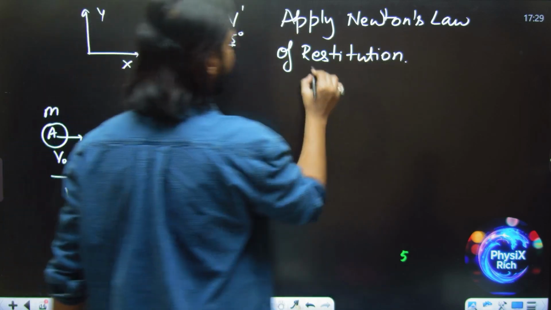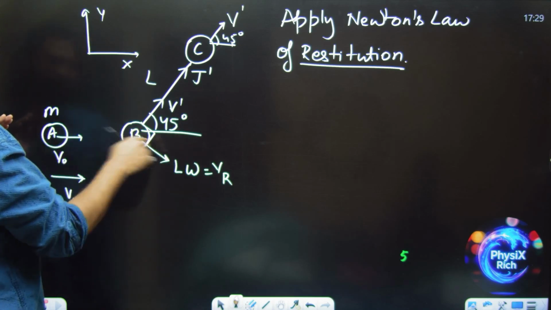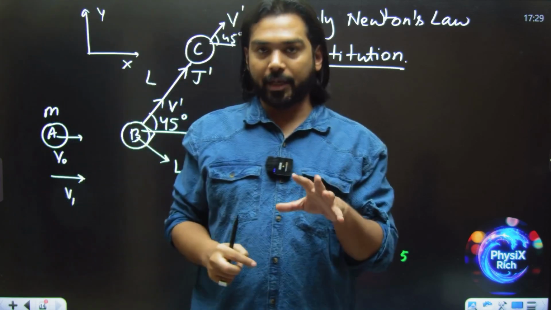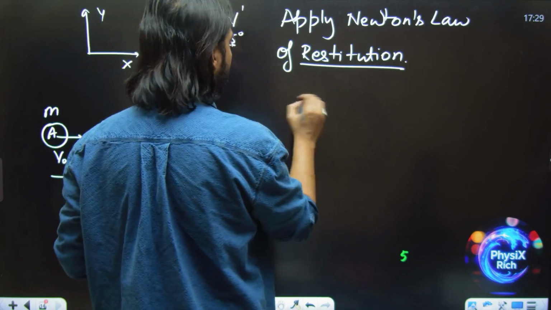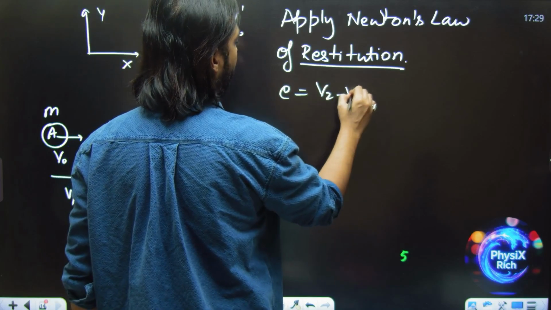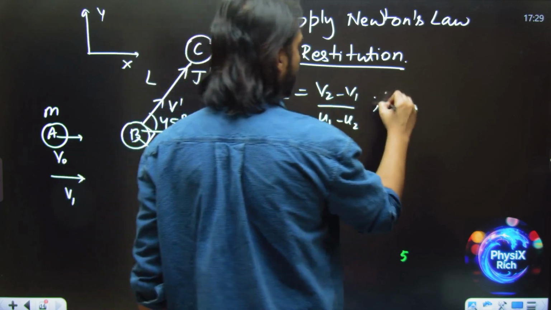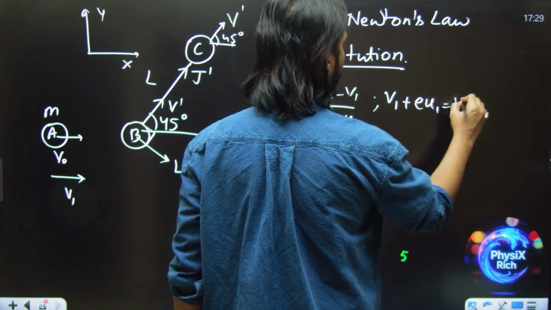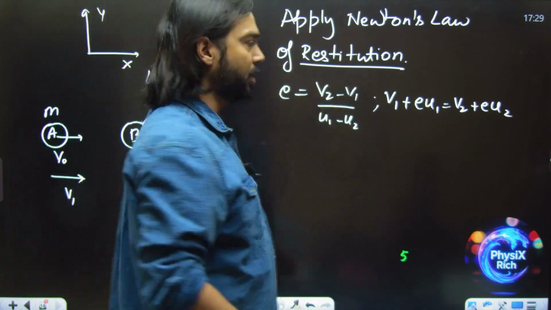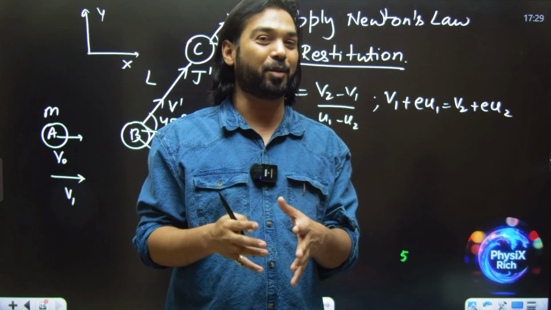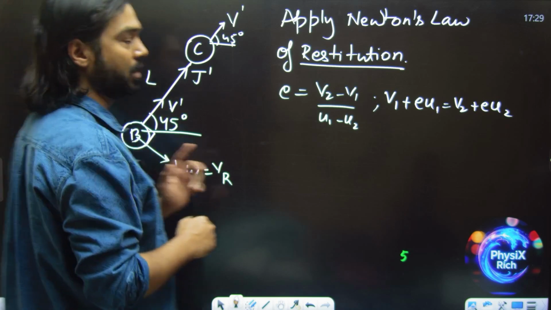Now you see guys, this Newton's law of restitution is only applicable along the line joining A and B. What is exactly Newton's law of restitution? It is the same thing that E equals V2 minus V1 upon U1 minus U2. You must have studied this, or I like to write it as V1 plus EU1 equals V2 plus EU2. Irrespective of how you write it, it's the same thing. You have to apply it along the line joining A and B, because that's the line of impulse.